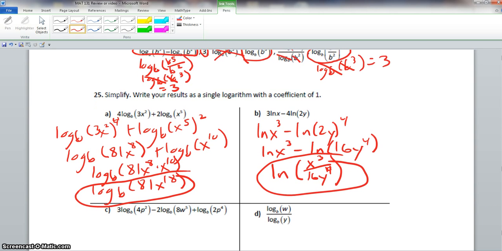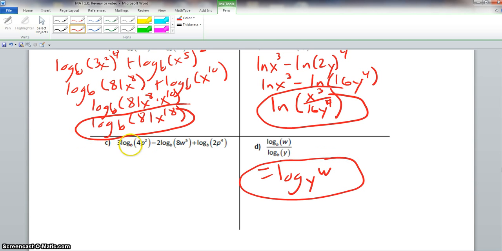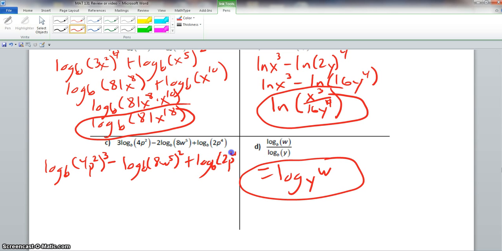Now, we scroll down here to C. Now C is a little longer, but let's do D first. D, because this has been rewritten as an equivalent fraction, this would be log base b of YW, and that would be D. Now C, we will have log base B of 4p squared all to the 3rd minus log base B of 8w to the 5th squared plus log base B of 2p to the 4th.